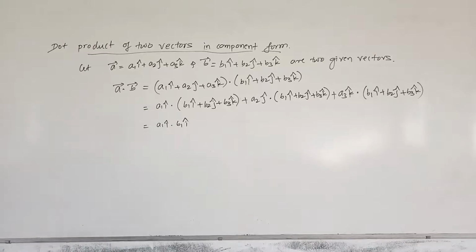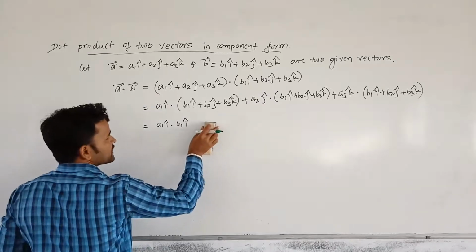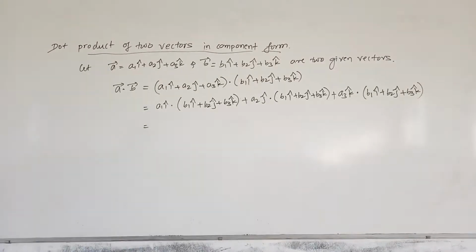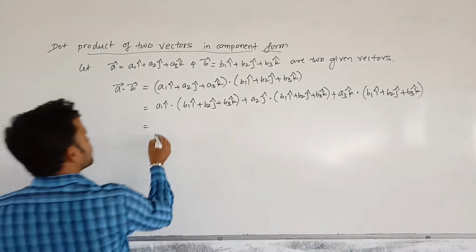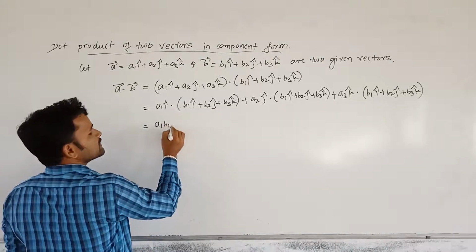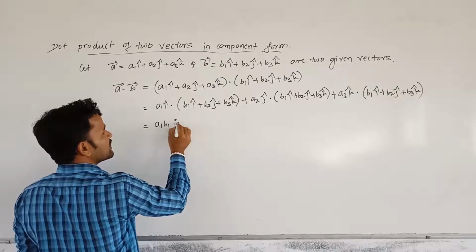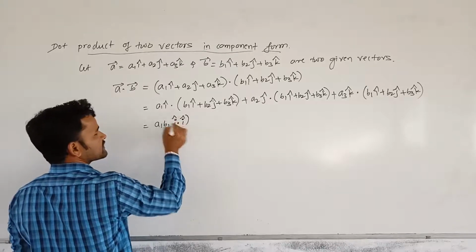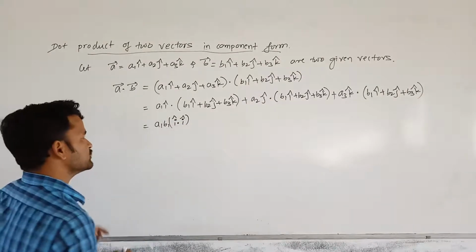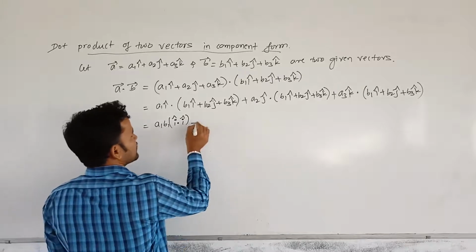So instead of writing A1i dot B1i, we write A1 B1 into i dot i, plus of.